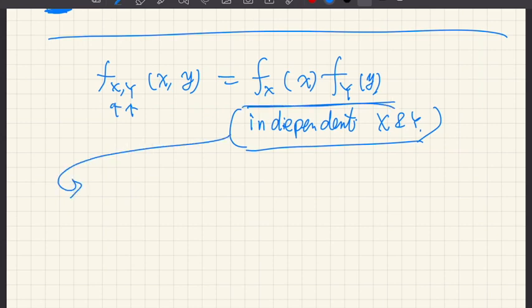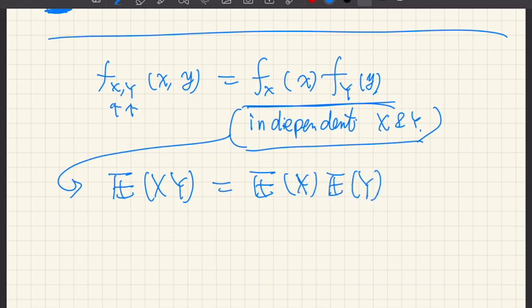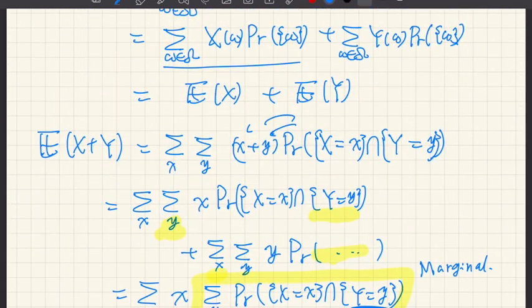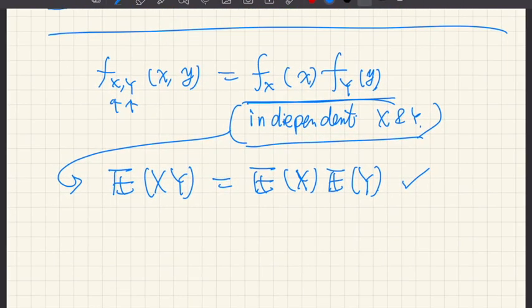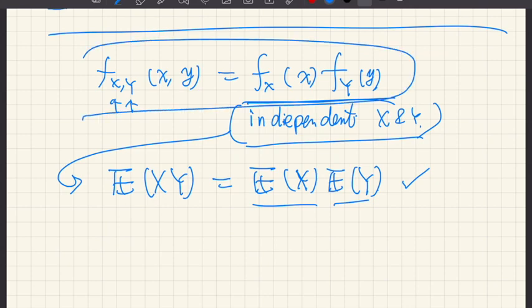If this is the case, then the expectation value of the product of X and Y can be split into the product of expectation values. This can be proved in a similar manner as the previous example of the sum. Just apply the original definition, and once you manage to calculate the marginal probabilities, you will have this. Of course, you need to use this because we're assuming independence.